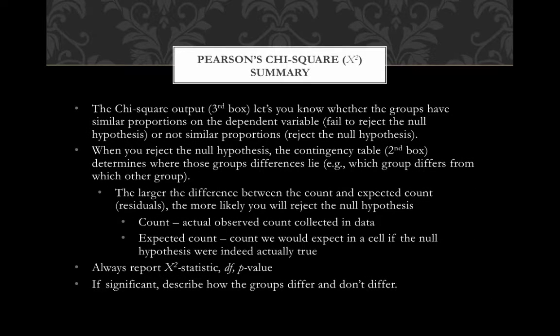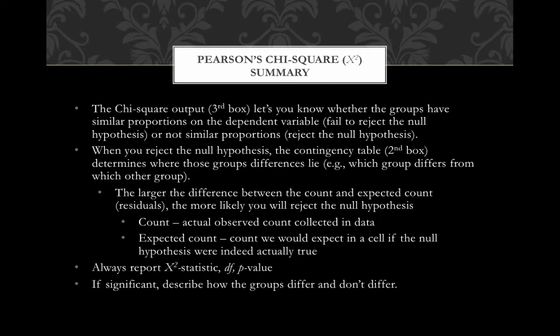So to summarize, chi-square analysis, we look at the third box that tells us whether or not we reject the null hypothesis and say that there is a significant difference, or we fail to reject the null hypothesis and say that there are no significant differences. And we look at our second table, the contingency table, or our crosstabs table, to really look at our observed and our expected counts.